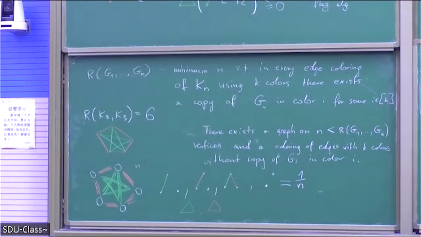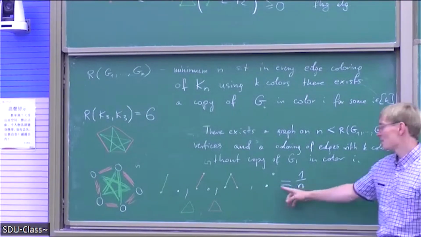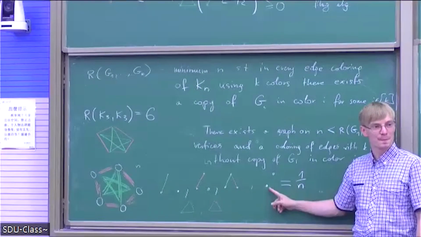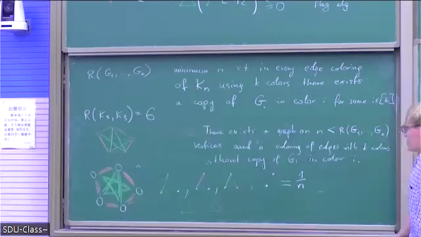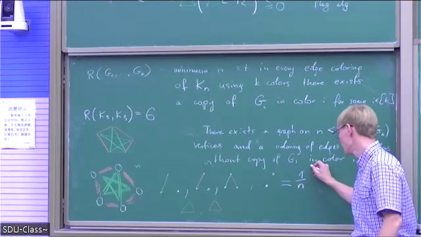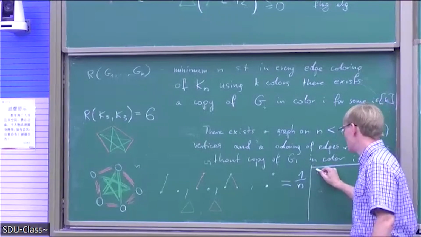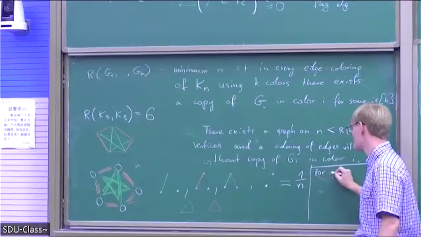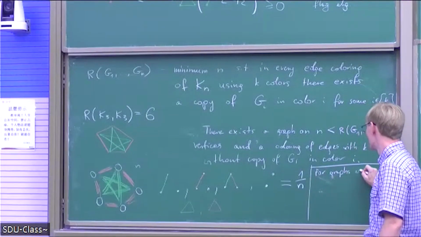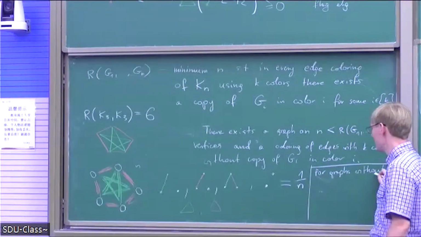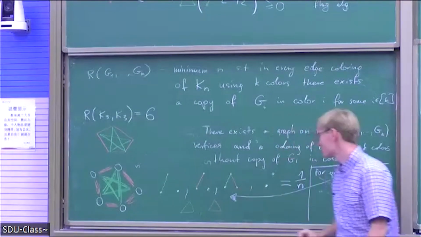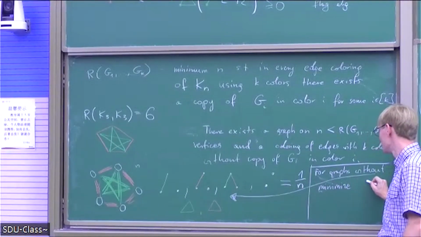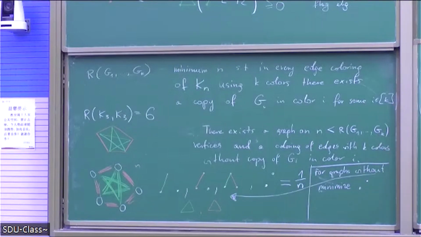And in such a world, I want to minimize the density of non-edges. So for graphs without those structures, minimize the density of non-edges.